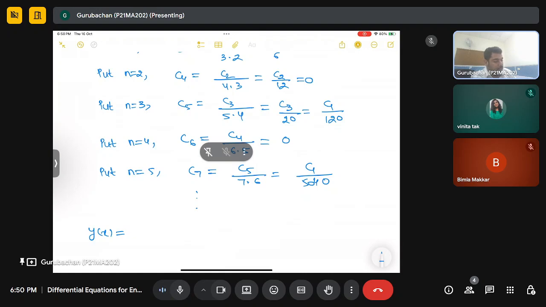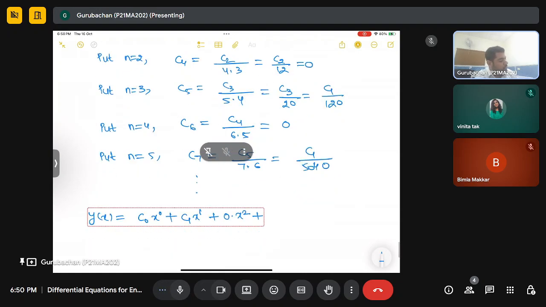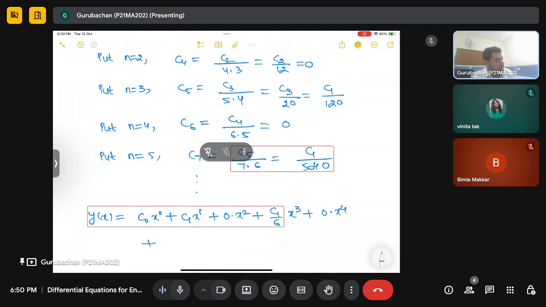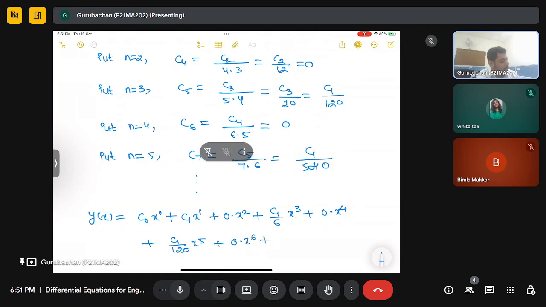So from here we can continue, and your series will become: first term is c naught x to the power 0, c1 x to the power 1, and since c2 is 0, 0 into x to the power 2, plus c3 x to the power 3, c4, c5, c6, c7.